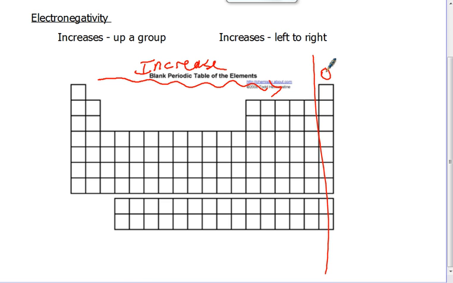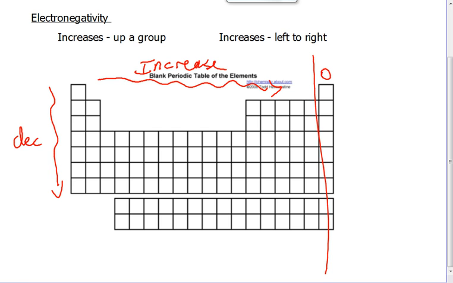None. And as we go down, it decreases because of that shielding thing. The electrons keep getting farther and farther from the nucleus, so they're not going to have as much pull. Increases as you go across until you hit the noble gases, and then it stops. Decreases as it goes down because you're adding layers and layers of electrons.